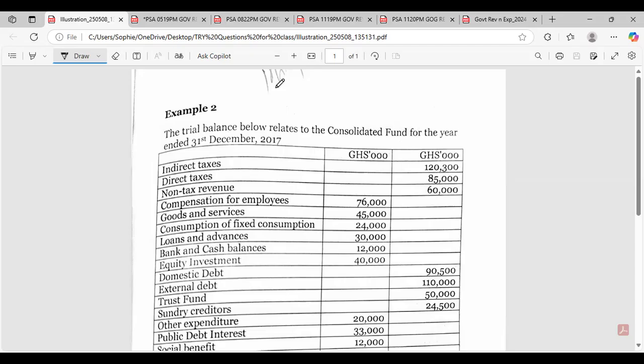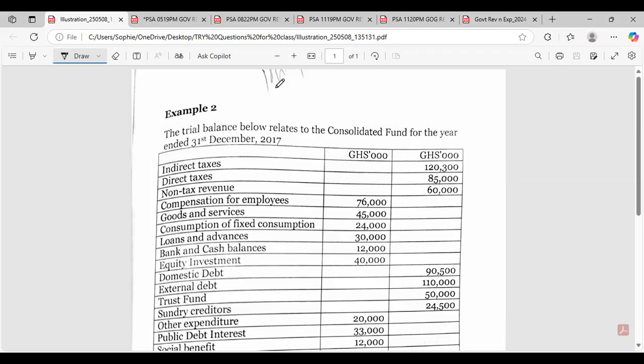Okay. So in this question, what will be the approach? What will be the first thing that you will do? Can someone tell me? You have to do your chart of accounts. Okay, you have to do your chart of accounts.